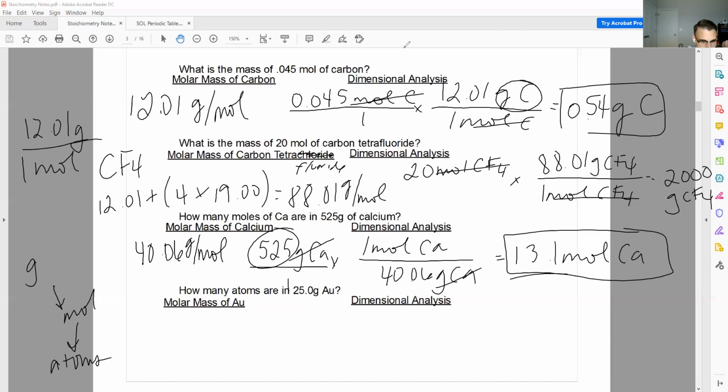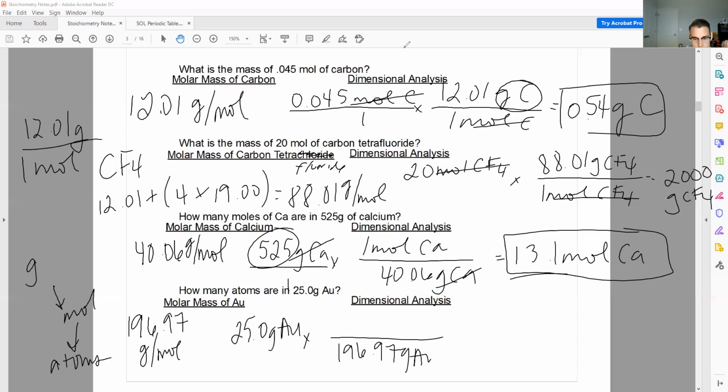So the molar mass of gold is 196.97 grams per mole. We're going to start with 25.0 grams of gold. We're going to put the 196.97 grams of gold on the bottom and 1 mole of gold on top. The grams cancel. I'm not done. I don't want moles, I want atoms.